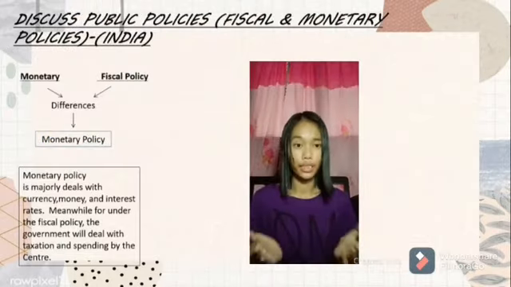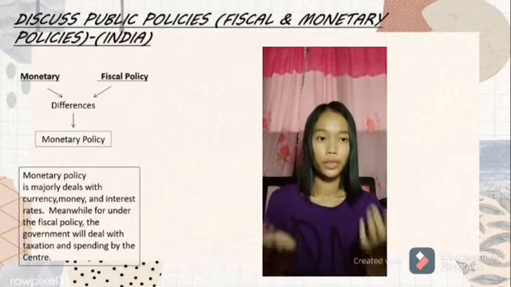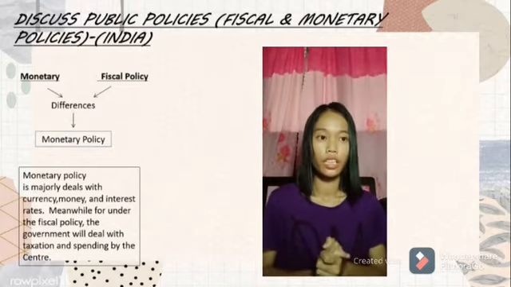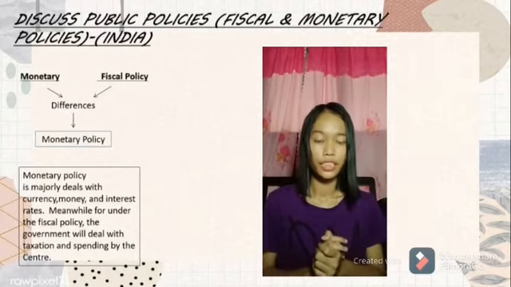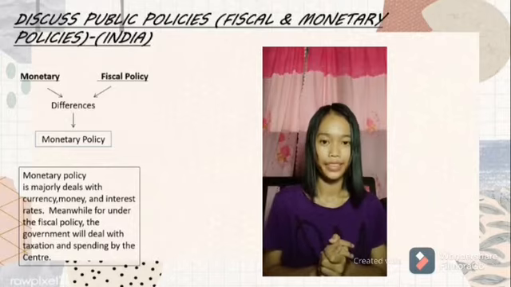Next, the government uses both monetary and fiscal policy to achieve the goals set. There is a difference between these two. The central bank in India mainly administers monetary policy.